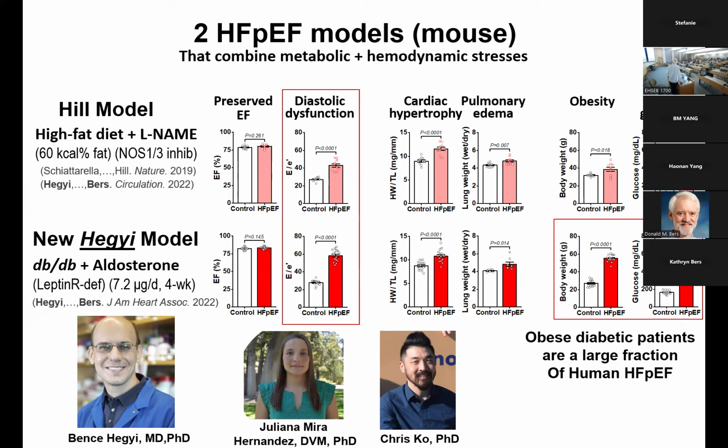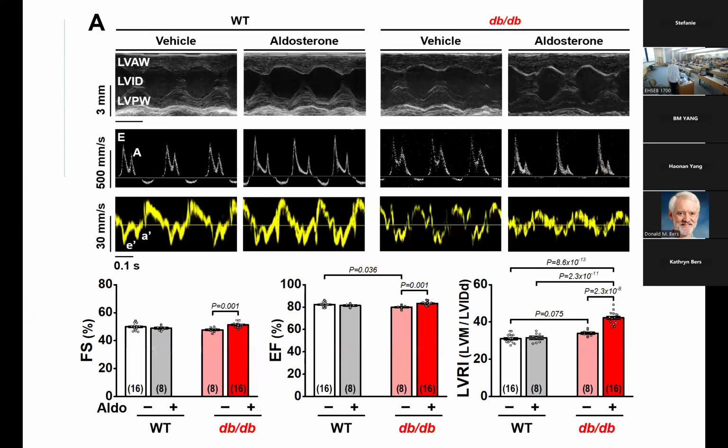And so indeed, actually a bigger increase in diastolic dysfunction from E over E prime. Hypertrophy and lung weight also went up like with the Hill model. But here, obesity and diabetes were much more apparent.